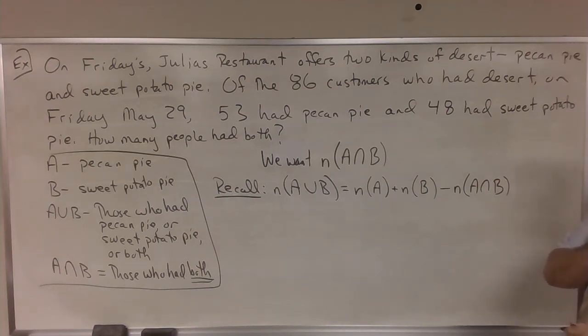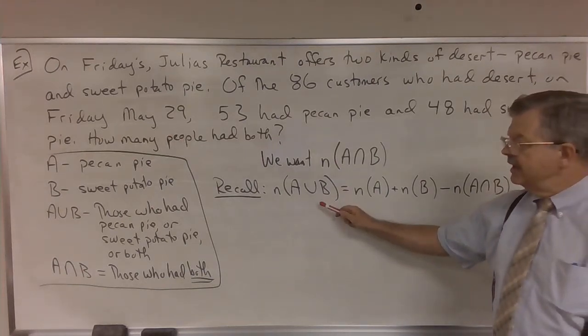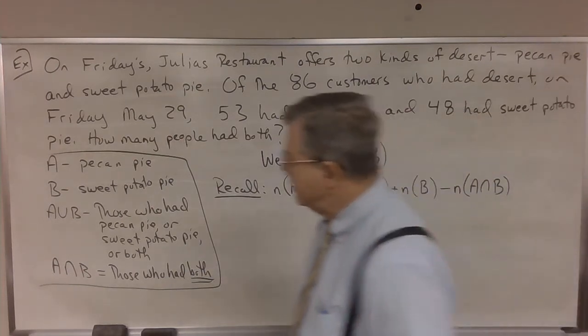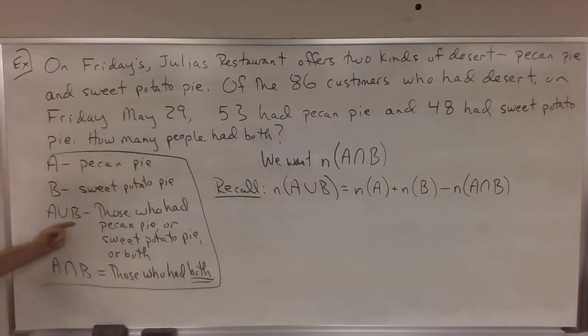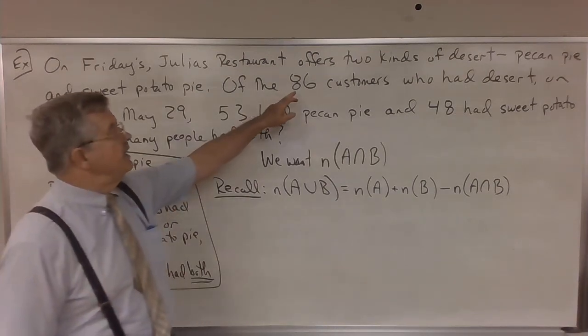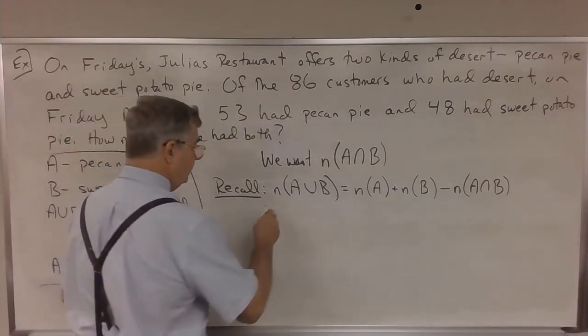Now let's fill in the blanks. The number of people in A union B. A union people are those who had pecan pie or sweet potato pie or both. So in other words, this is all of the people who had dessert, and that's 86 customers.